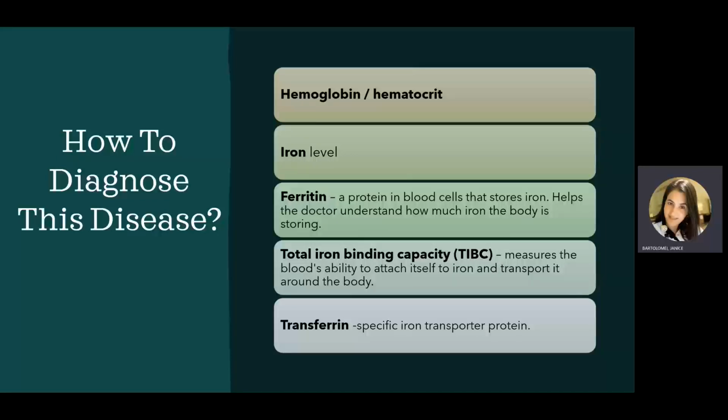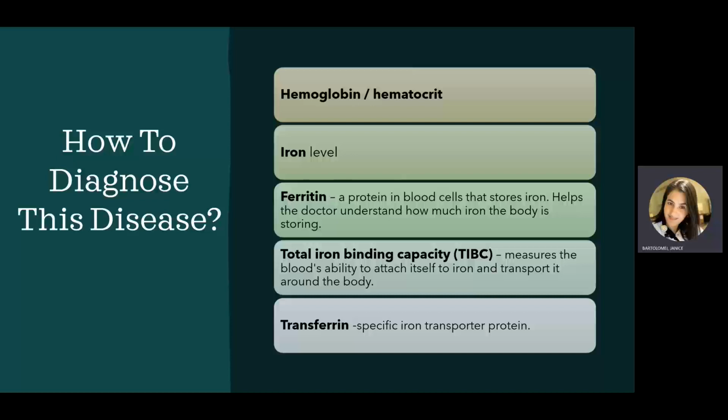Another thing that they can order is the TIBC, the total iron binding capacity. This basically measures how good the iron is at being attached. In order for it to be transported, it needs to be attached, so it measures the ability of the blood to attach itself to iron.